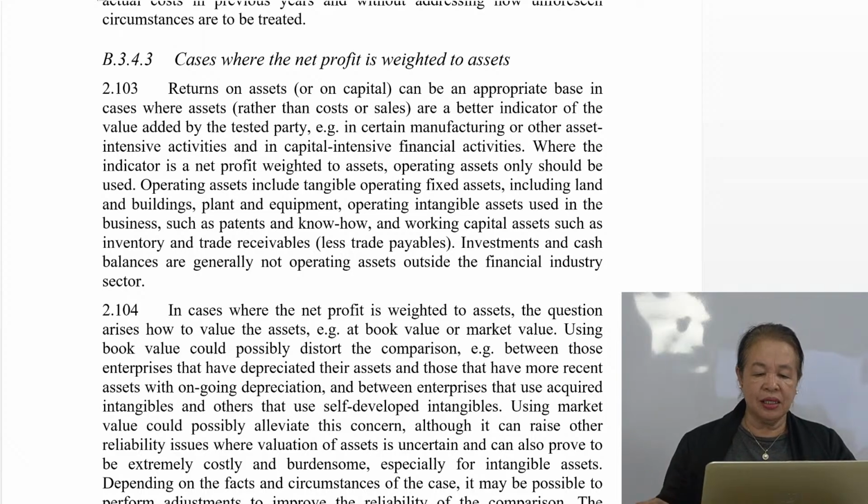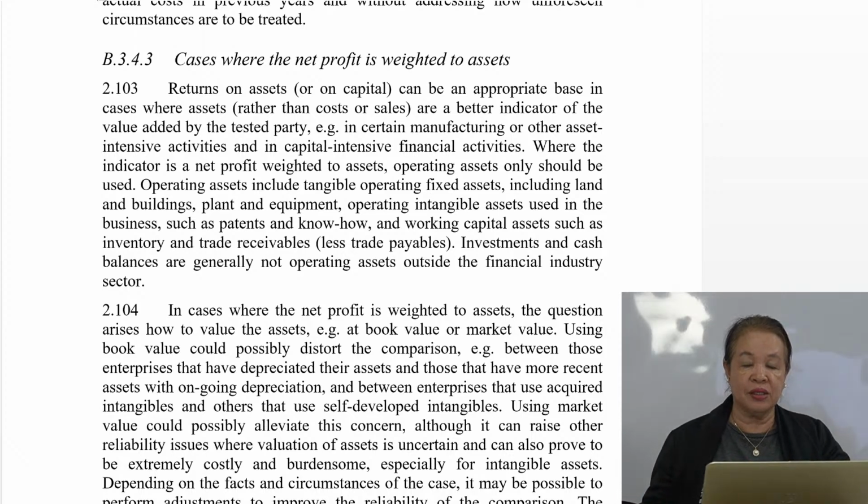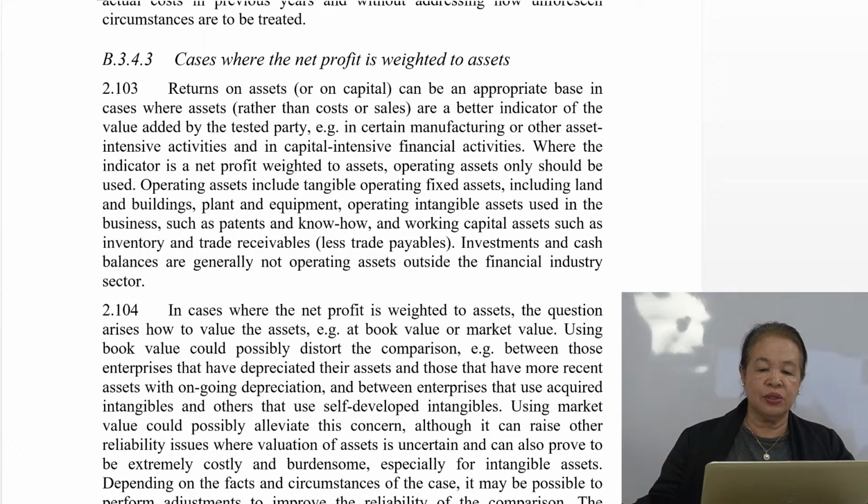In cases where the net profit is weighted to assets, the question arises how to value the assets: at book value or market value. Using book value could possibly distort the comparison between those enterprises that have depreciated their assets and those that have more recent assets with ongoing depreciation, and between enterprises that use acquired intangibles and others that use self-developed intangibles.